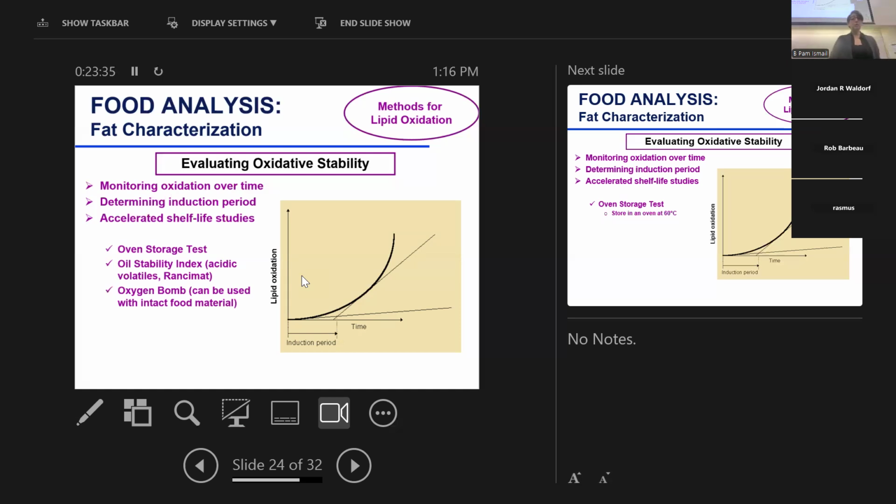But often you want to determine the stability of your oil sample, especially if you're testing a natural antioxidant, let's say that you want to add, as compared to a synthetic antioxidant. So you want to determine the time until your oil starts to get rancid. So we call that time induction period.